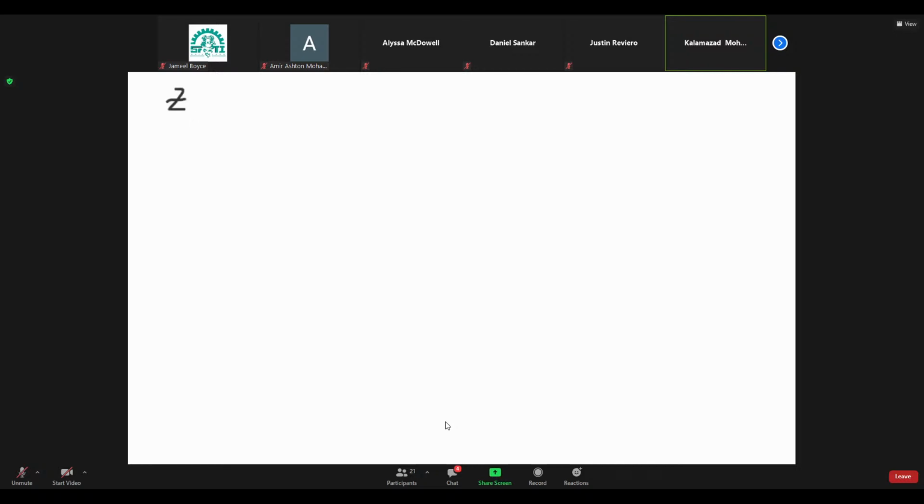Z1 is equal to 2 plus j. Z2 is equal to 1 plus j. Z3 is equal to j.